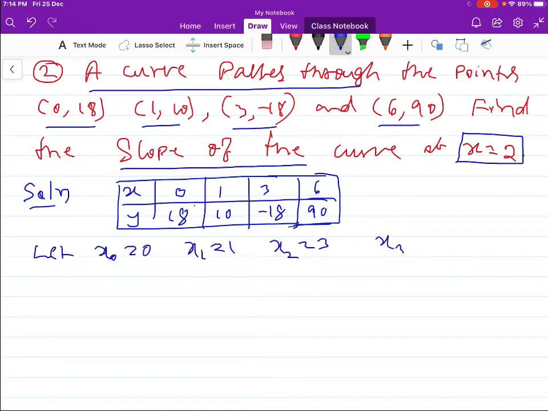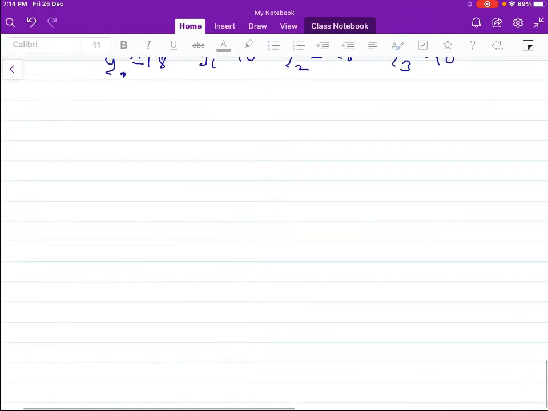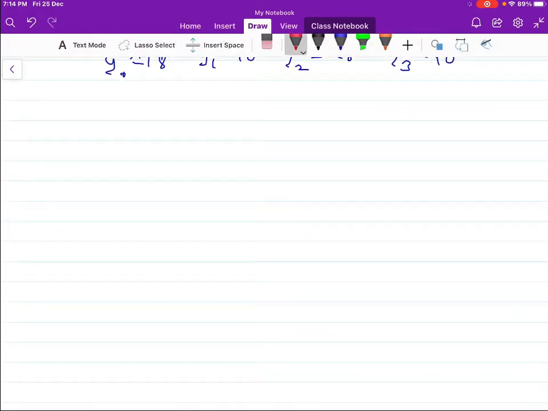Let x0 is equal to 0, x1 is equal to 1, x2 is equal to 3 and x3 is equal to 6. The corresponding values of y are y0 is equal to 18, y1 is equal to 10, y2 is equal to minus 18, y3 is equal to 90.